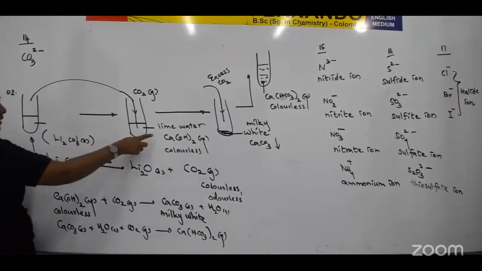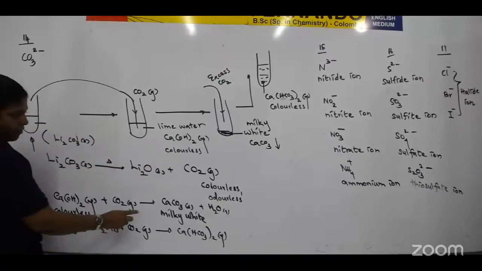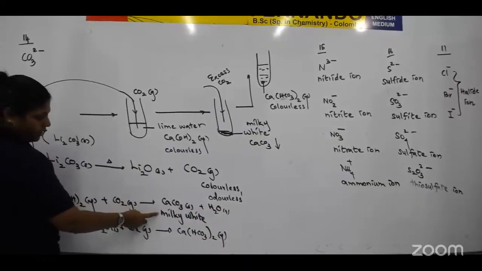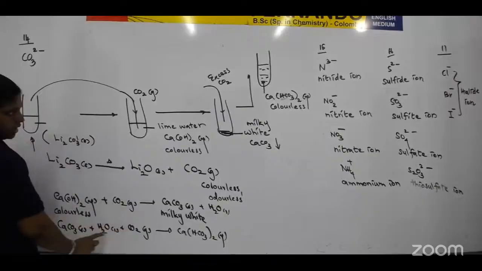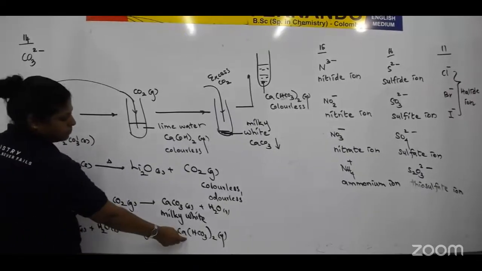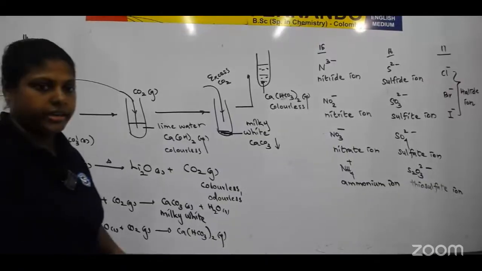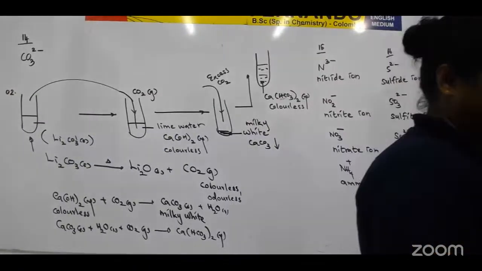Then carbon dioxide is passed to the lime water, milky white. So excess CO2 with the milky white produces a colorless solution. Continue, please.